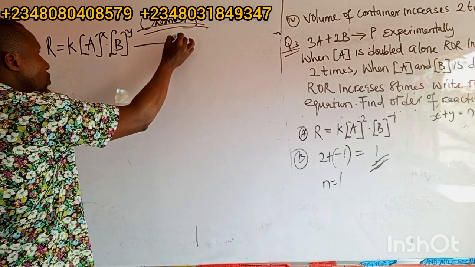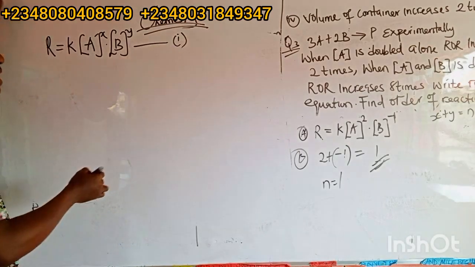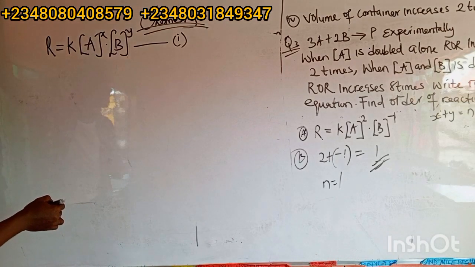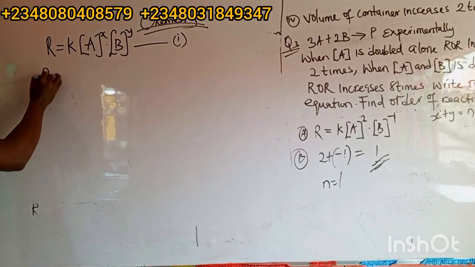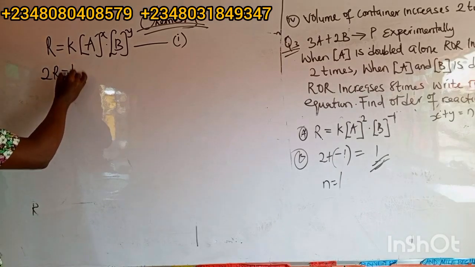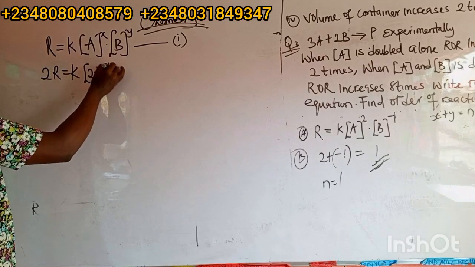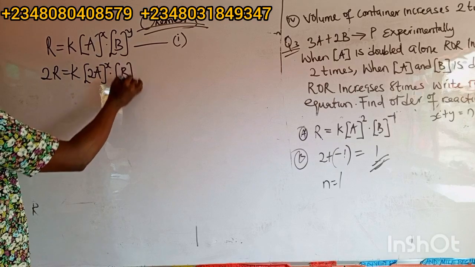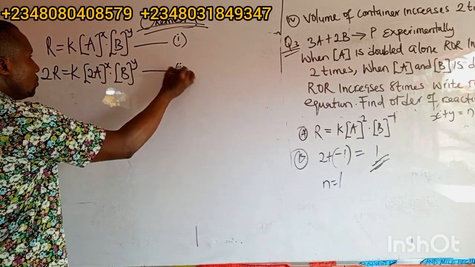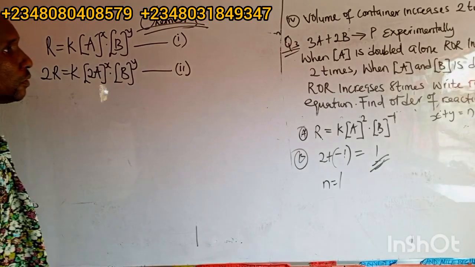Let me call this equation 1. When A is doubled, rate of reaction increases 2 times. Let me call this equation 2.